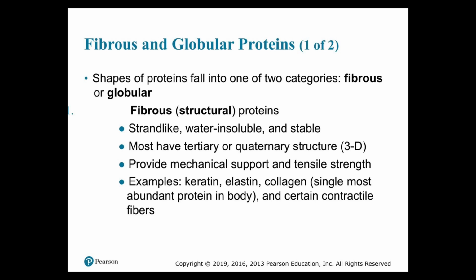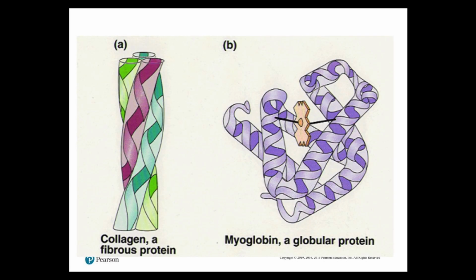Examples of fibrous proteins are keratin, which is found in our hair and the top layer of our skin, elastin, collagen, which is the most abundant protein in the body, and certain contractile fibers. So the figure on the left is collagen.